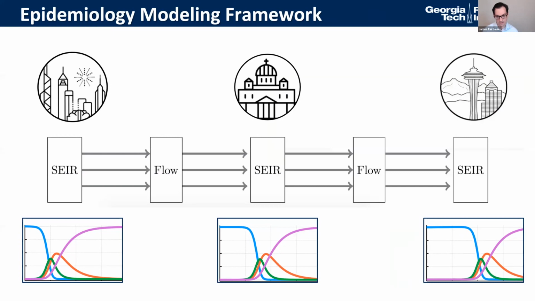The example here is building up a model of 3 cities, each of which is going to contain an epidemic, and there's going to be a flow from one city to the next to the next. And then the goal here is you specify it in this high-level architecture, and then you plug into each box a Petri net in order to get the composite model.